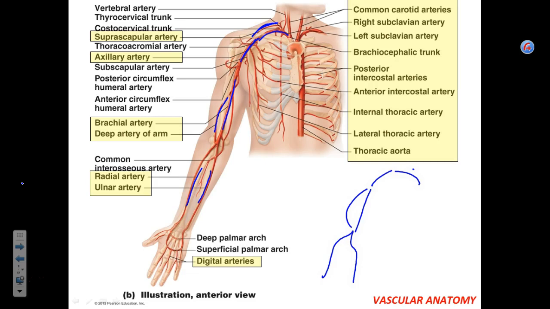What I wanted to say. Oh, by the way, can you see your arteries? Can you see your veins? Can you see the arteries? Why you can't see them? They're deeper. Why are they deeper?